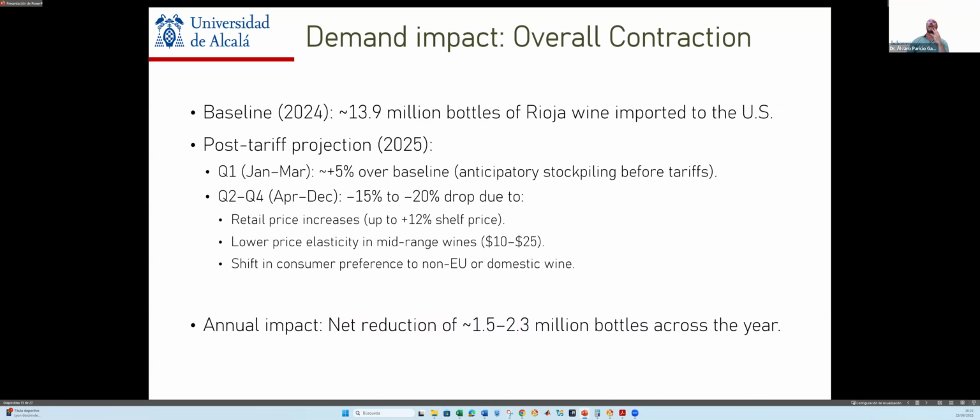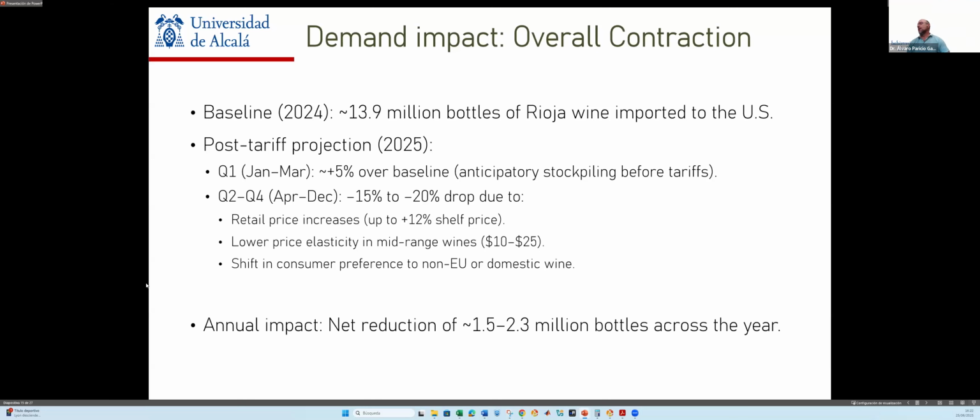So the contraction had a twofold effect. In the first quarter, demand increased 5%, but after that, demand dropped up to 20%. So it's a crazy thing. Up and down really quickly.